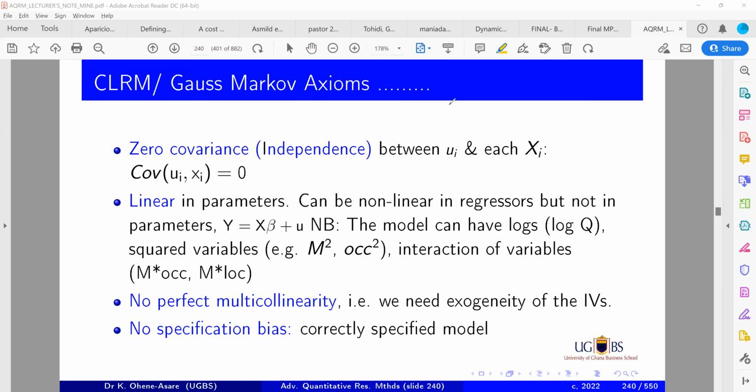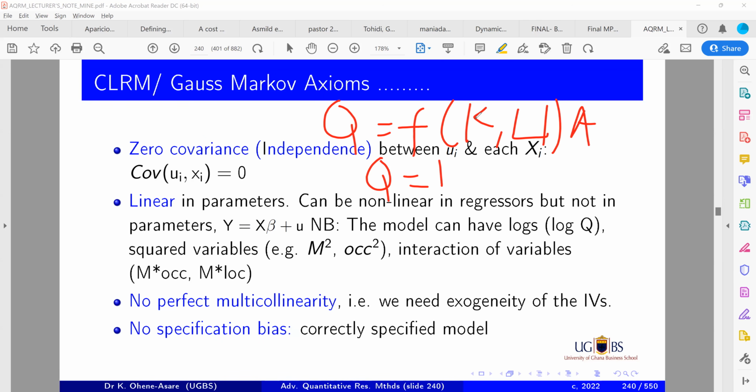When you are modeling, suppose you say that Q is a function of capital and then labor, given technology, or something else. When you are modeling the whole analysis, and you say that capital is to the power half, labor is to the power half, okay, it's a Cobb-Douglas production function model.